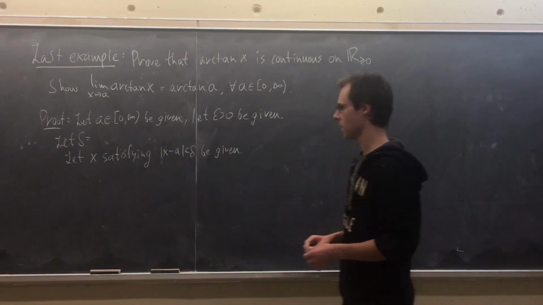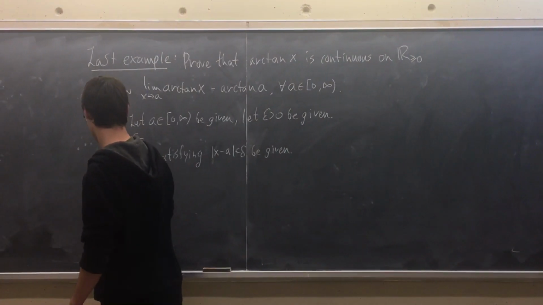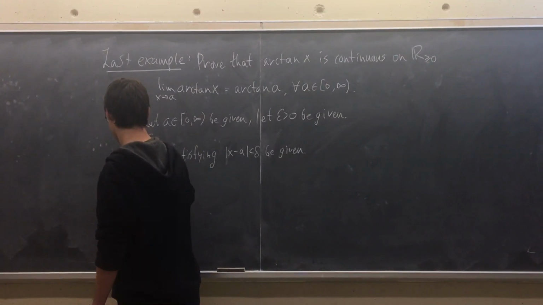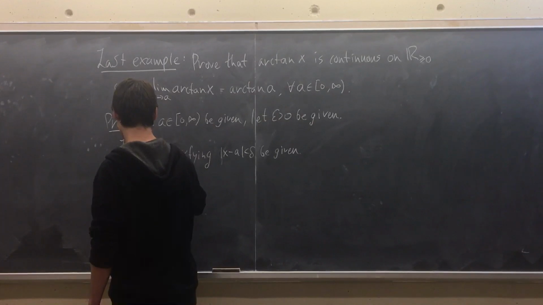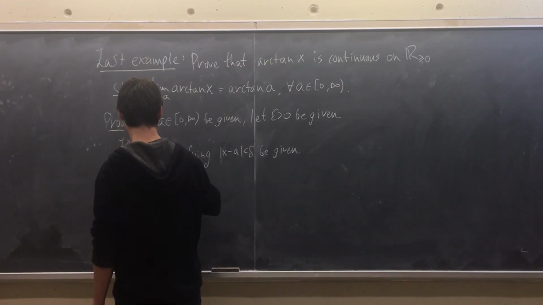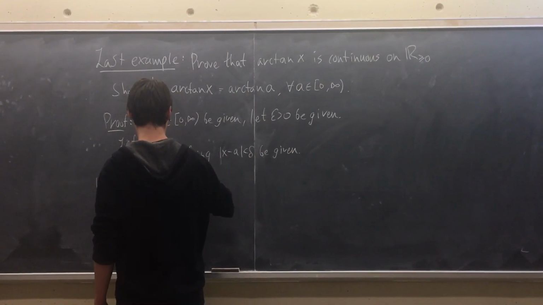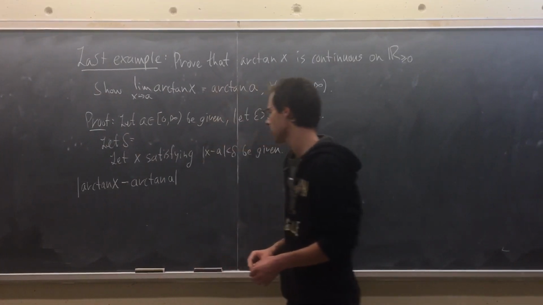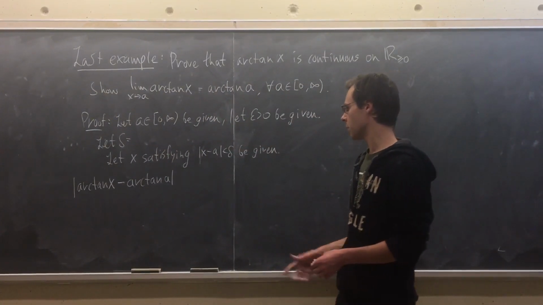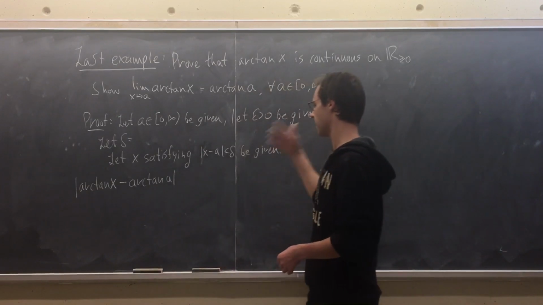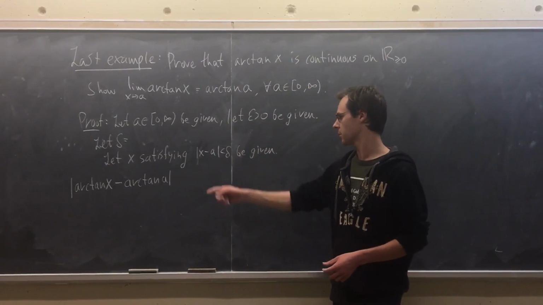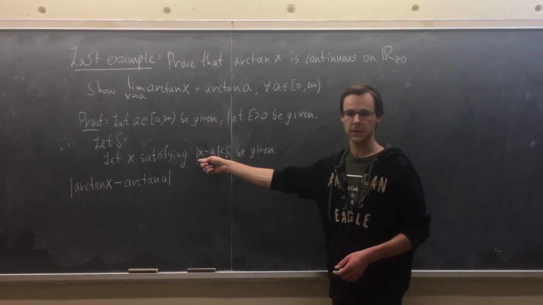And now we're going to begin with our proof. Okay? So arctan x minus arctan a, we want to mess around with this and then bound it by some term involving that.